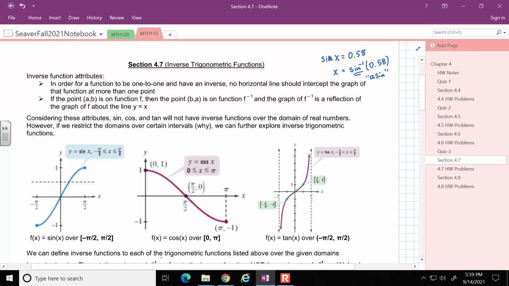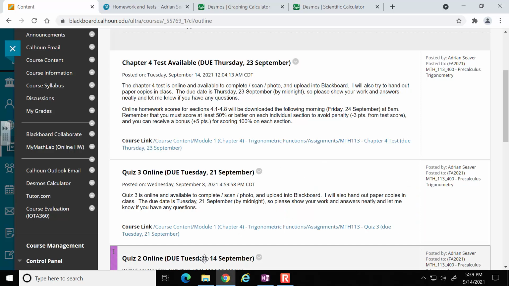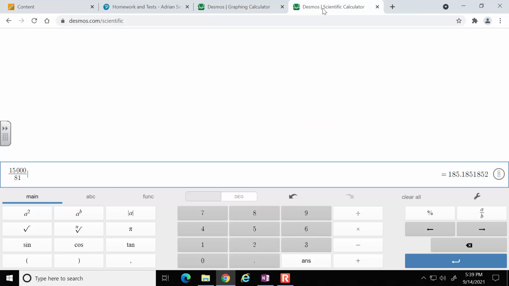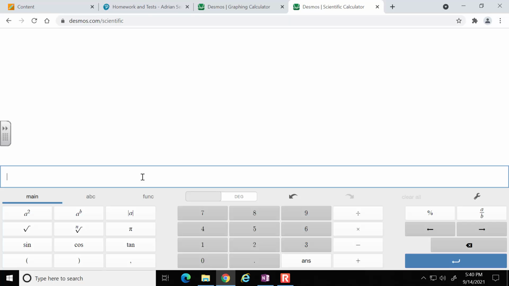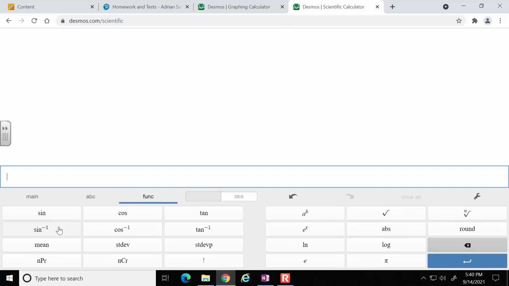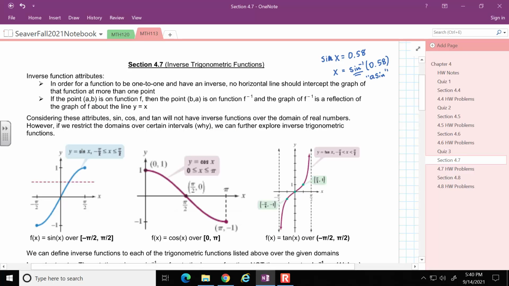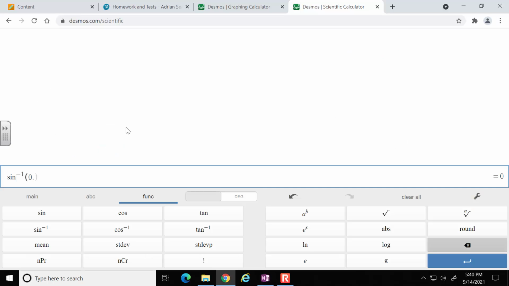And the way we've been solving that, and I forgot I don't have a calculator, so give me a second here, is I come in here and say, all right, function inverse sine of 0.58. And I would get 35.45.